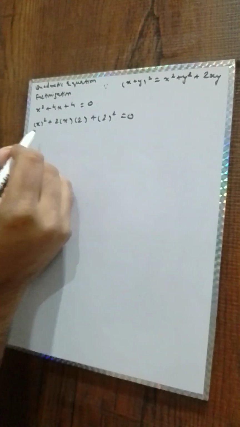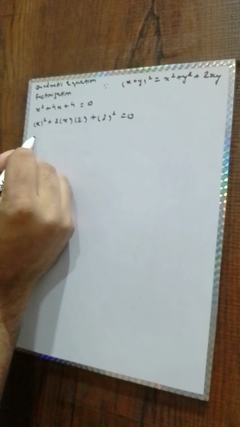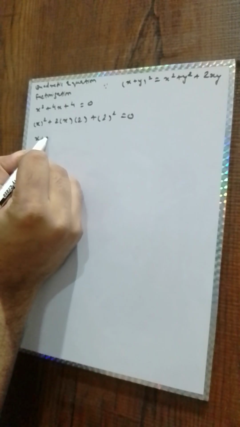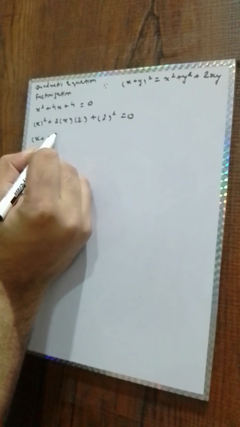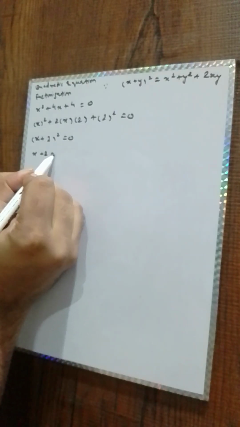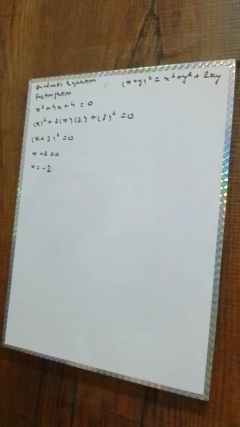This comes from algebra, so this is what we are doing here. This gives us x plus 2 whole square is equal to 0, and x plus 2 is equal to 0, and x is equal to minus 2.